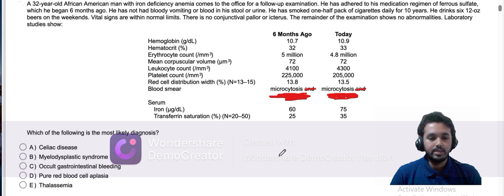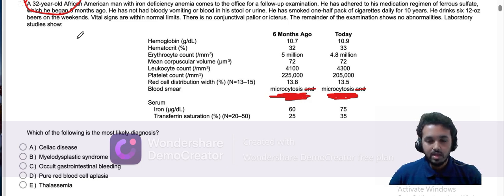Okay, second option is myelodysplastic syndrome. You know that myelodysplastic syndrome is a rare disease, and it is very rare before the age of 50 years, and this patient is only 32 years old. So it is a very rare condition. In myelodysplastic syndrome, it actually affects the bone marrow of all cell lineages: RBC, WBC, and platelet count. So all these three cell lineages should be decreased.